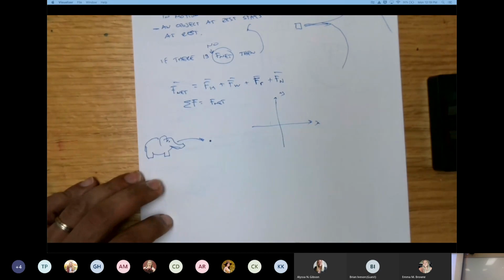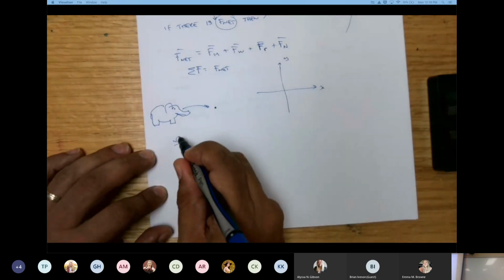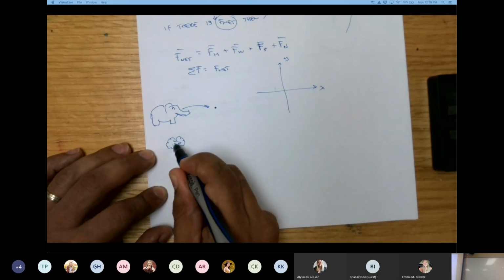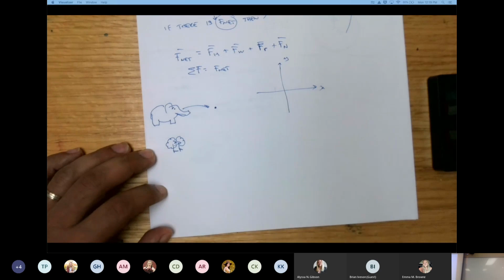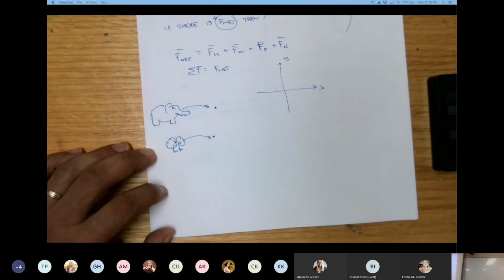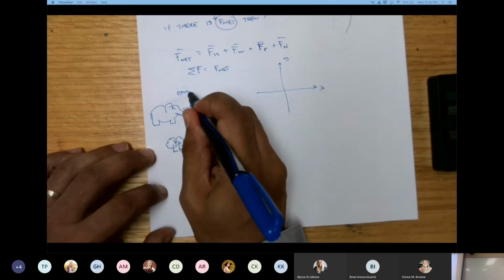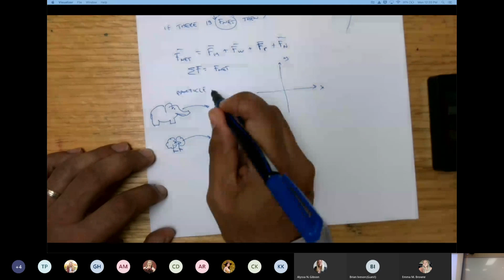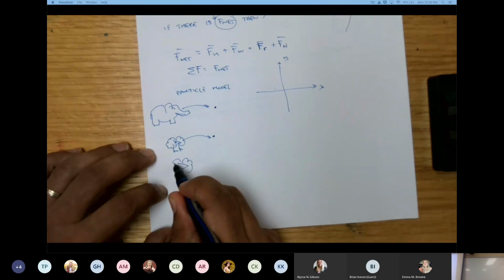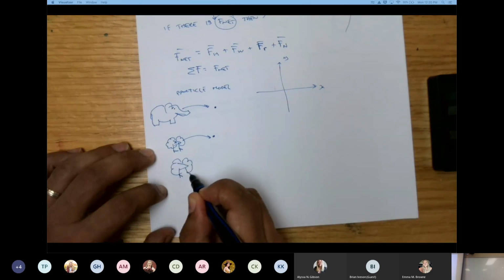If I want to do a bird, I learned to draw birds when I was like 3, and I haven't improved. And this is an angry bird. So if you have a bird, I'm also going to replace it with a particle, and that's it. So this is what we call a particle model. Do you like my bird? If I had to draw an eagle, it's the same, just a little bit bigger and angrier.